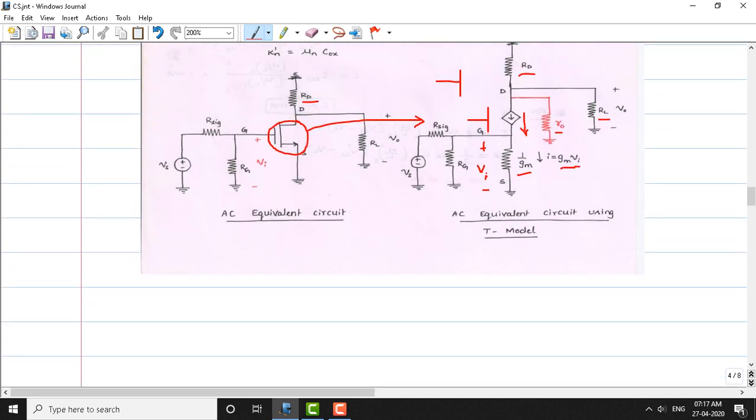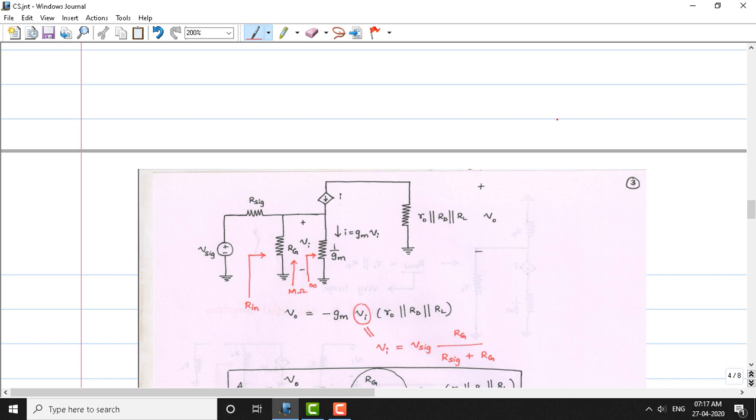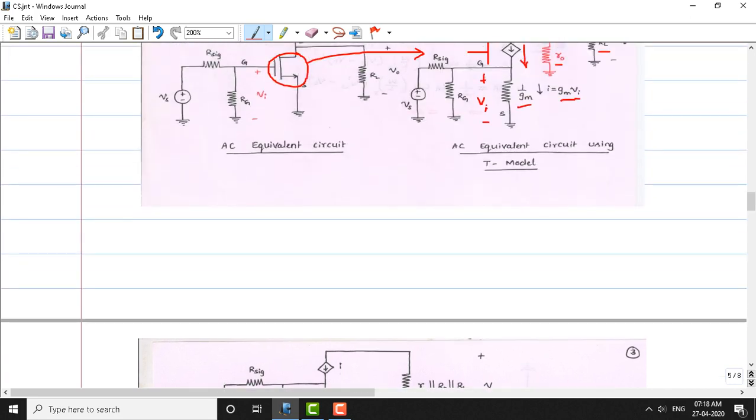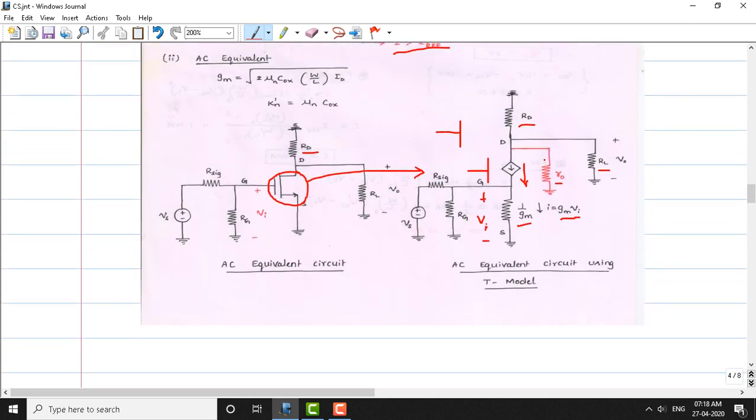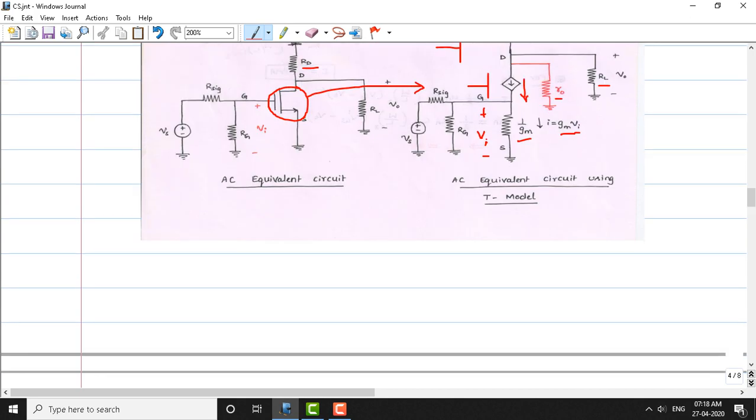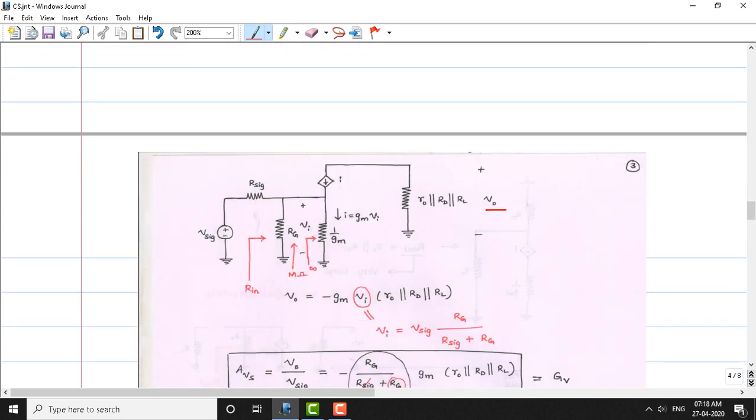Using the AC equivalent circuit with the T model, the same circuit is written here for your reference. Now we can obtain the output voltage equation. V naught is nothing but the drop across this resistance. All these three resistances, RD, R naught and RL, are in parallel, so we can replace them with a single resistance.